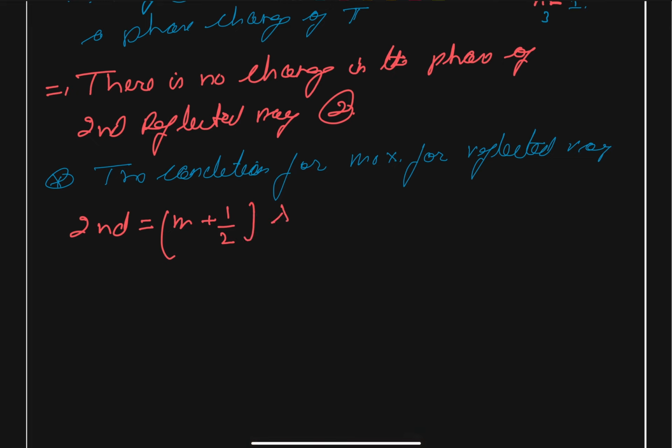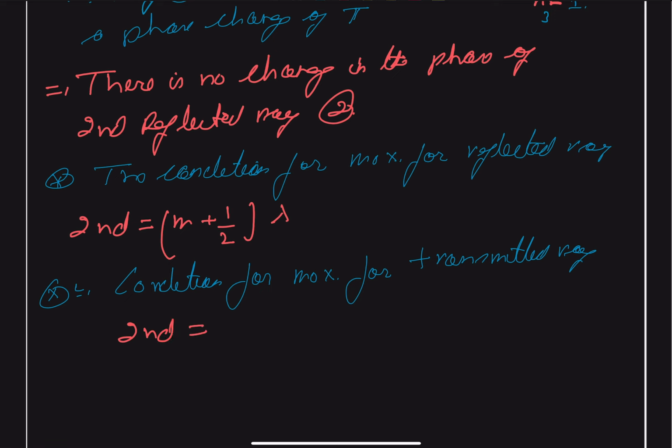And the condition for maxima for the transmitted ray is given as 2nd equal to m times lambda, and we need the distance to be minimum.